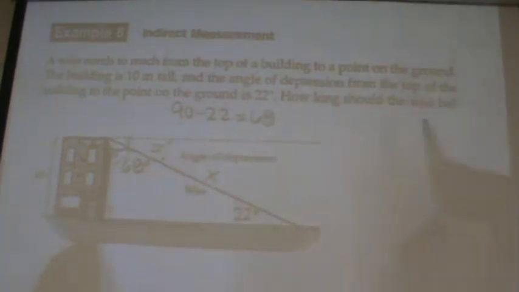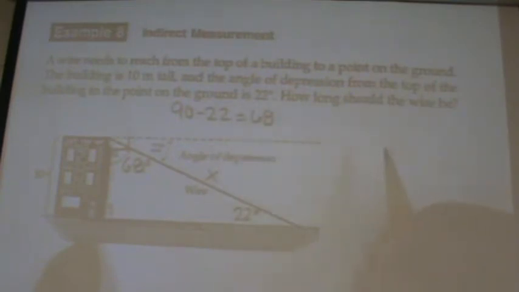How did I figure 68? Because that's a 90-degree angle. 90 minus 22 is 68. That's how I figured that out. So if we want to figure out what this side is, this hypotenuse, you can use this angle, this side, and this side, or you could use this angle, cosine. So what do you like better?